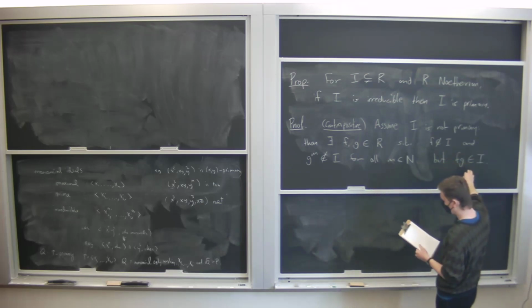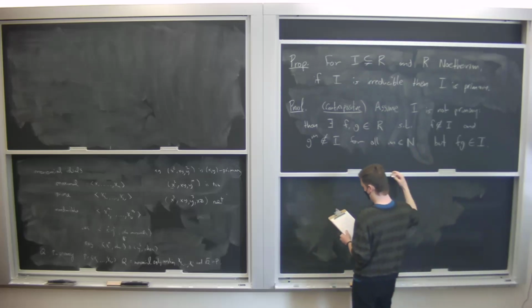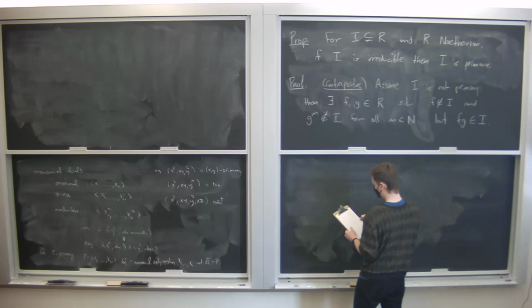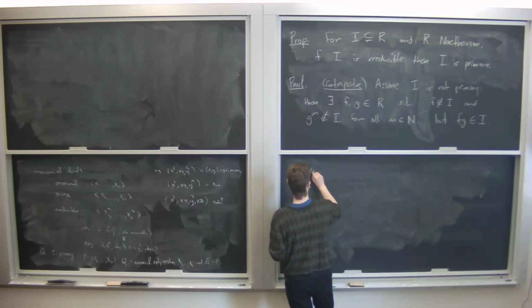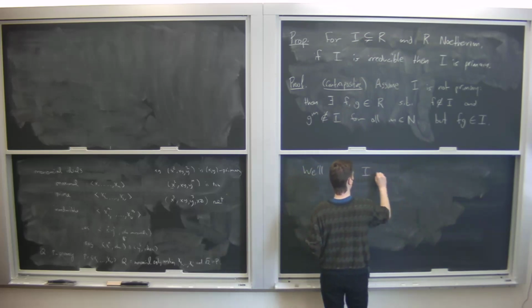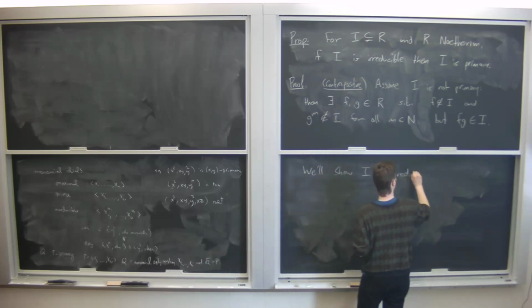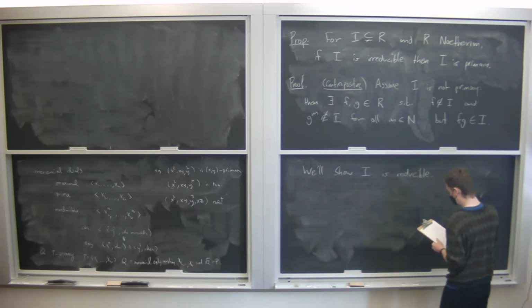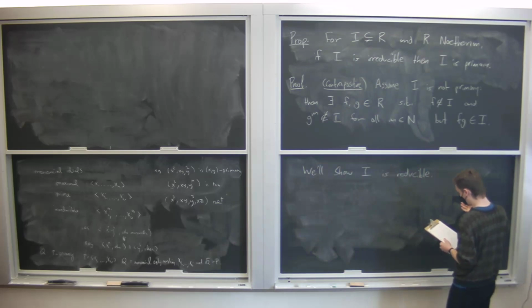Thank you. So we'll show I is reducible. And so we need to show that it is an intersection of two ideals which are not equal to it.